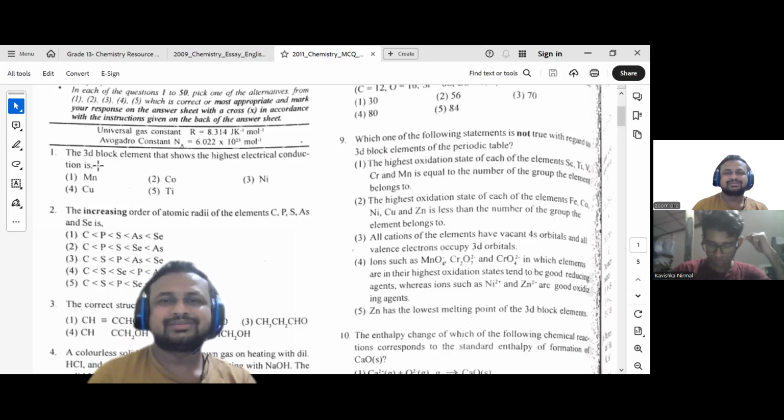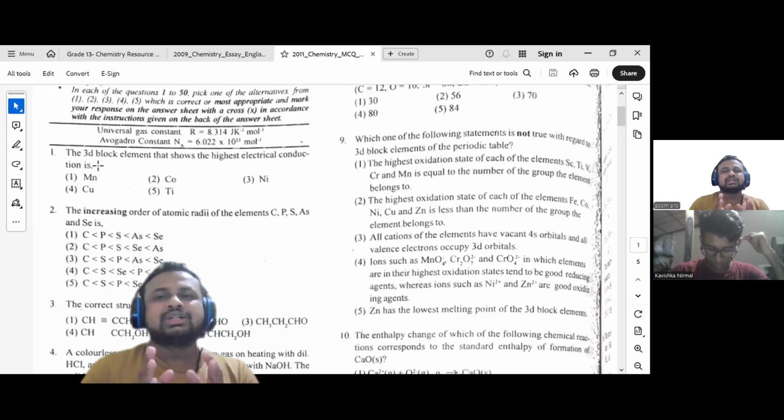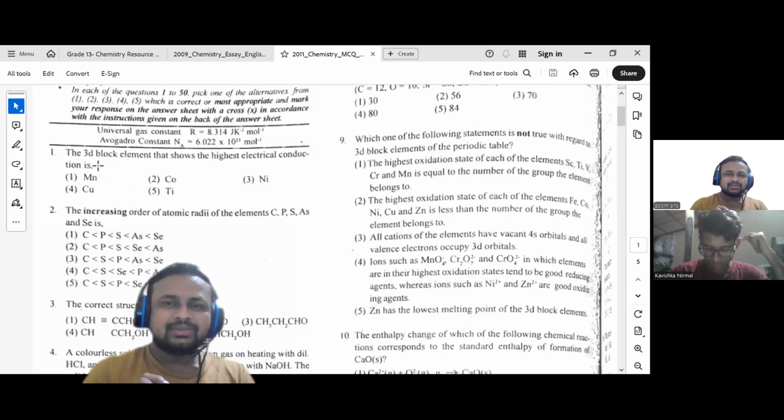Third point: to remove an electron easily, the element has a less stable electronic configuration.